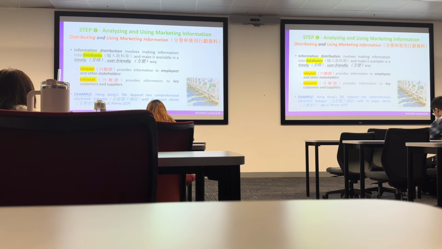Please hang on, this is the last slide of the whole chapter, about how, after we analyze the data, we distribute and use our marketing information. To distribute the information, it involves putting the information into our internal database, and making it available in a timely and user-friendly way through two types.